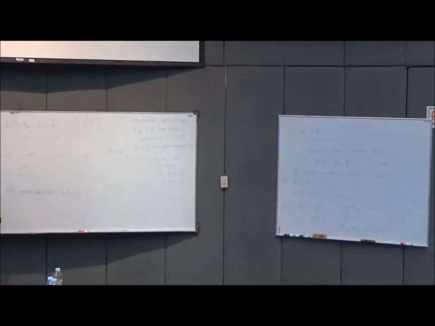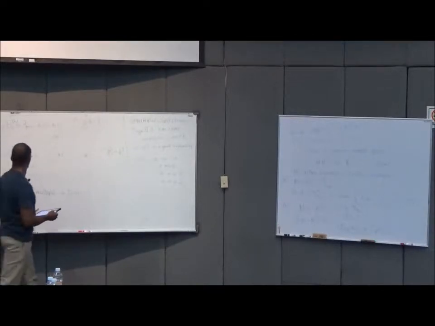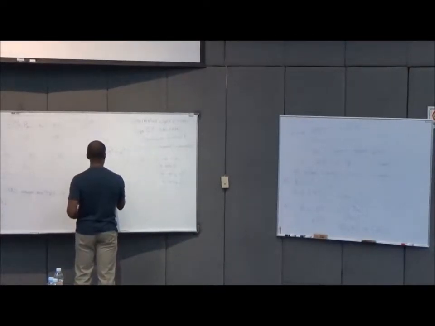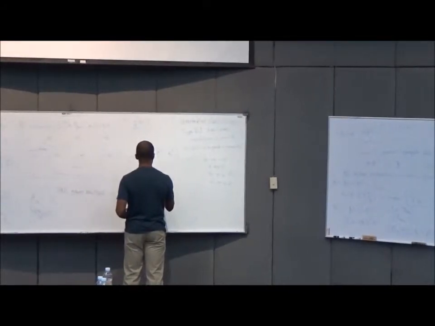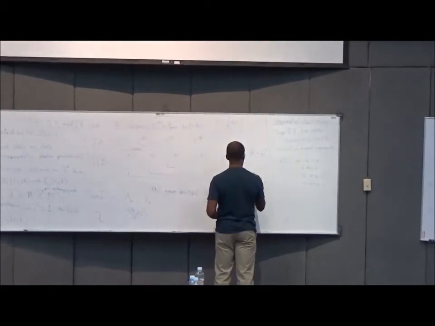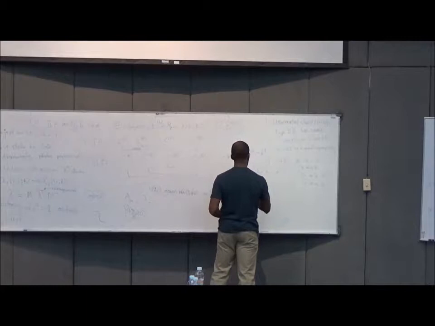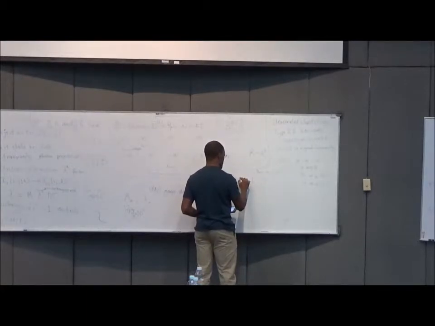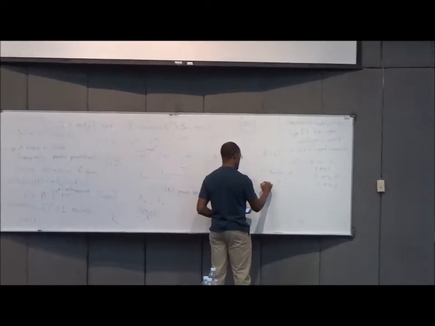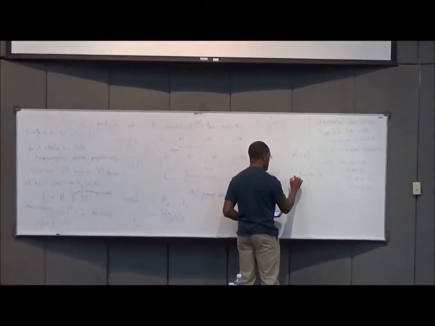If you look at the type 2B spectrum, for example the massless sector, B mu nu, G mu nu, phi, those come from having a psi minus a half, psi minus a half, and I have a mu and a nu here.